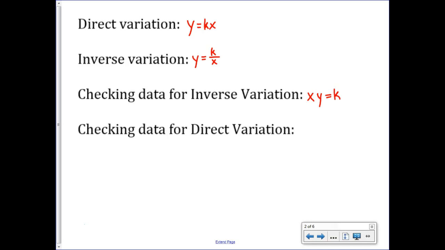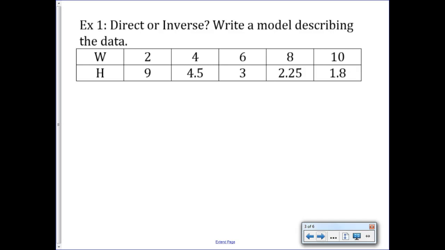You want to check for direct variation, same process, divide both sides by x, we would get y over x equals k. So if you divide y by x and you get the same k value every time, that would be direct variation.